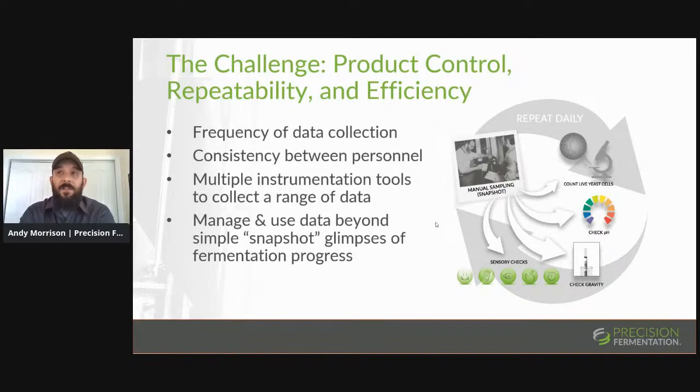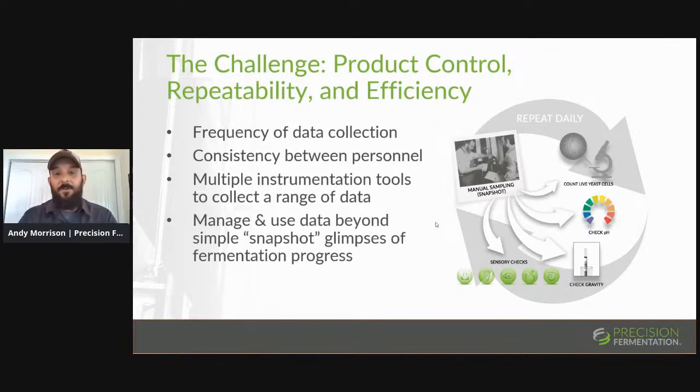And then, all of that is just the process to actually collect data. Once you've collected the data, you've got to then actually manage that data. You've got to use it in a way that's effective, right? So it's about taking that data, plugging it into a spreadsheet, plugging it into some sort of database, graphing or charting it in different ways that are going to help you make decisions based on that data, right?